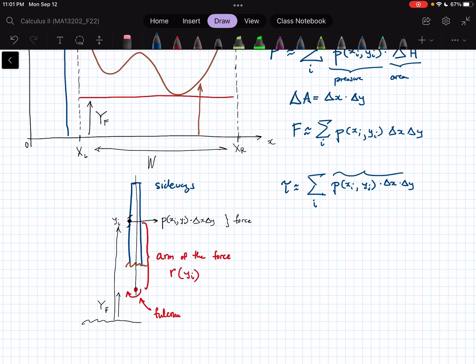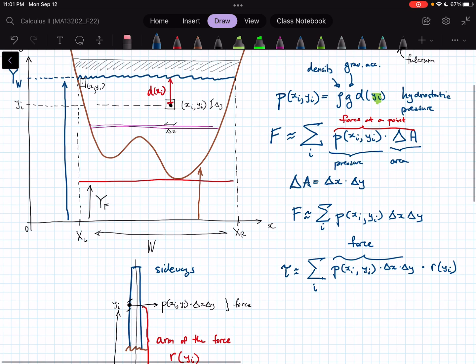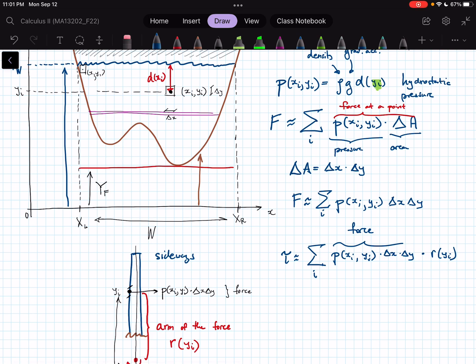This is my force, multiplied by the arm of the force, r of yi. Now, I, on purpose here, do not write what r of yi and d of yi are for our calculation here.